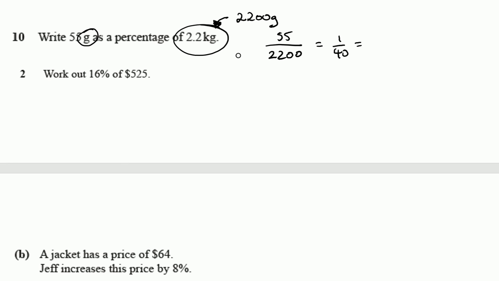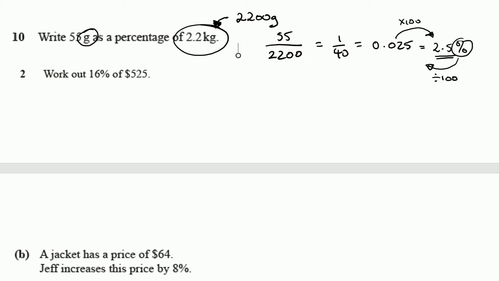My calculator will allow me to convert that to 0.025, a decimal. If I times that by 100, I get 2.5, and that's my percentage. Because remember, we times a decimal by 100 to get a percentage, because that percentage sign says divide by 100 to get the decimal. So my answer is 2.5%.